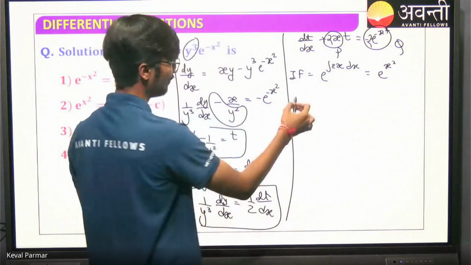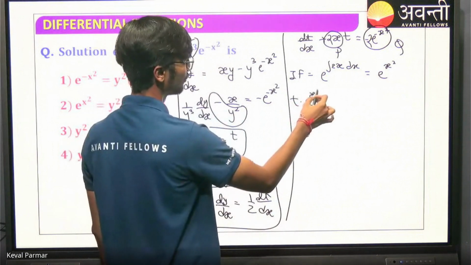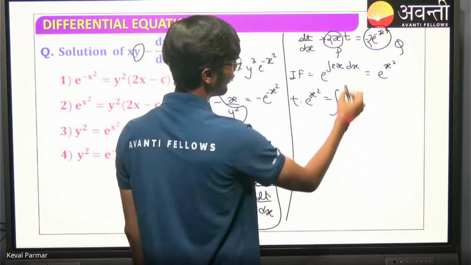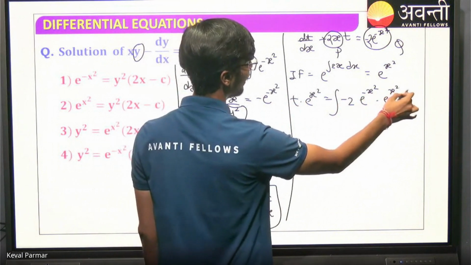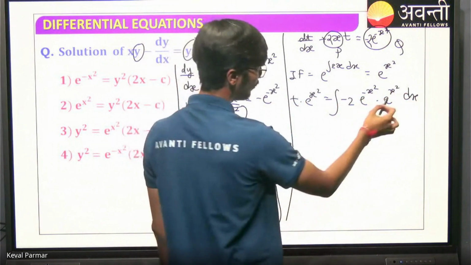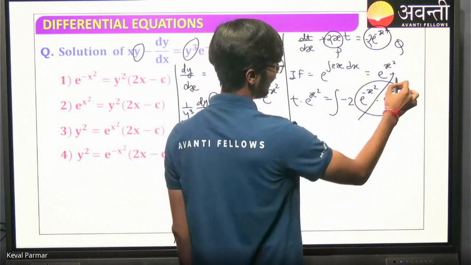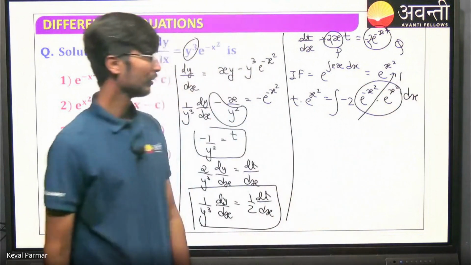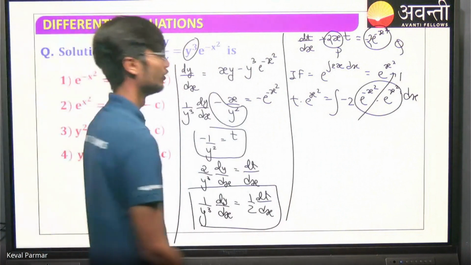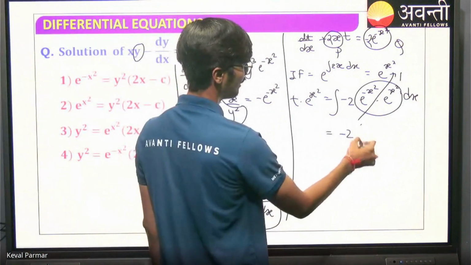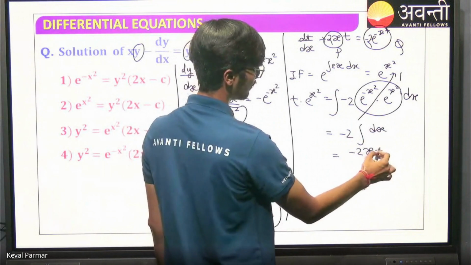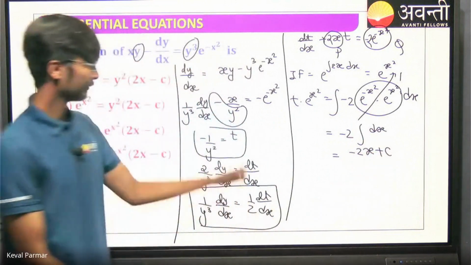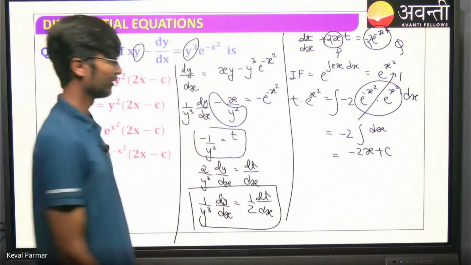And my solution will be t into e raised to x square is equal to integration of q, minus 2 e raised to minus x square into e raised to x square dx. You can see these both will get added and I'll get e raised to the power 0, which is 1. So finally, I'll get minus 2 integration of dx, which is minus 2x plus c. Just substitute t, what was t? Minus 1 by y square.